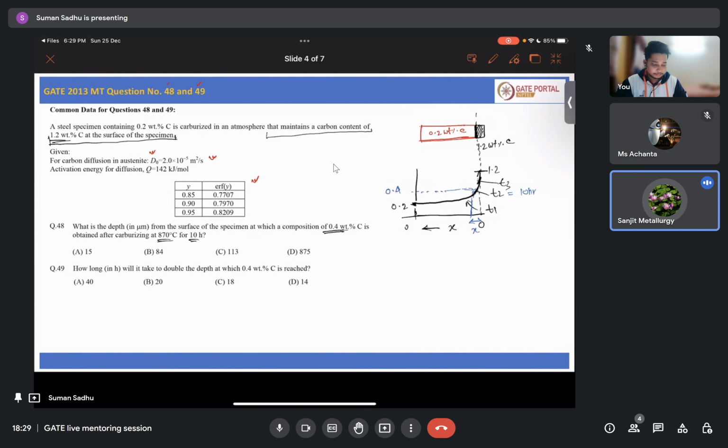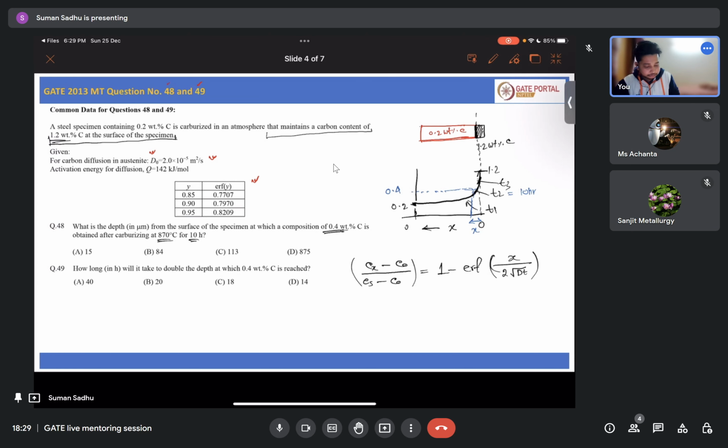Sir, (Cx minus C naught) upon (Cs minus C naught) is equal to 1 minus error function of x upon 2 root over Dt. Okay. So this is the formula.